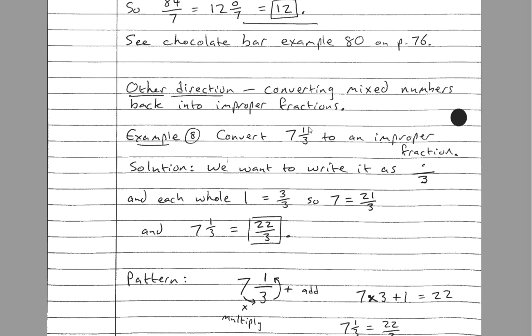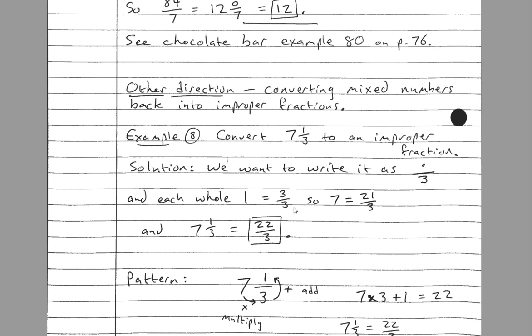We want to replace this by something over 3. So what is this top number? We have to convert this 7 into thirds. You can think of it like this. Every 1 is equal to 3/3.